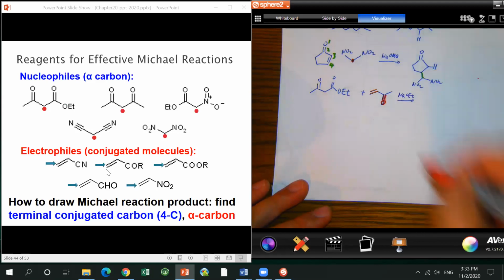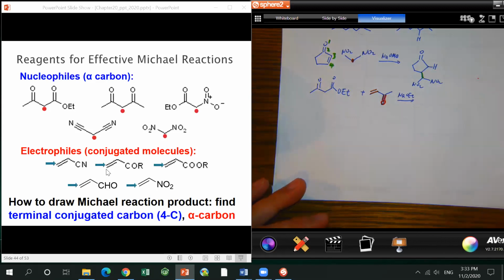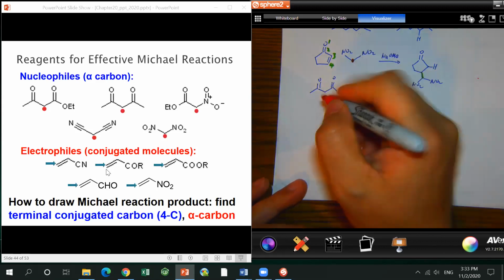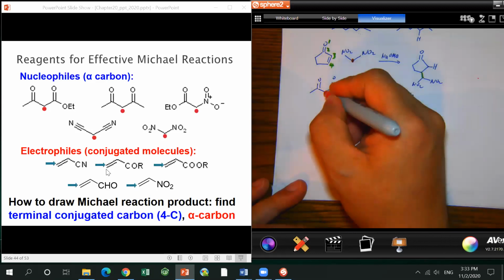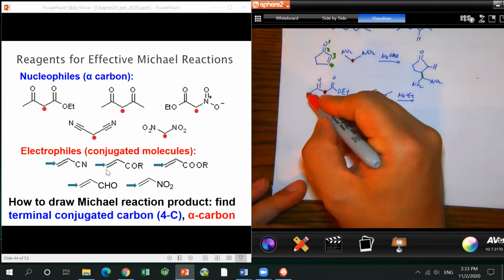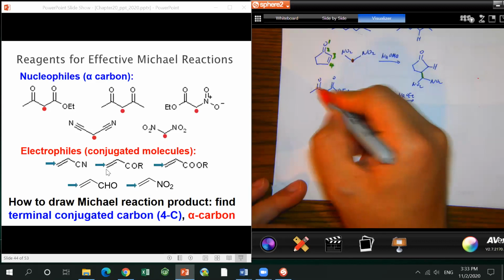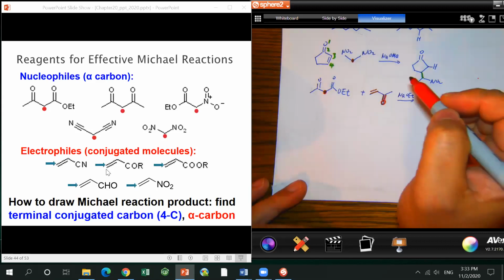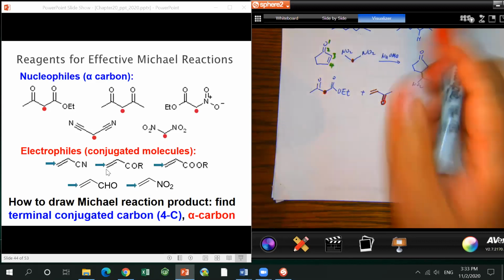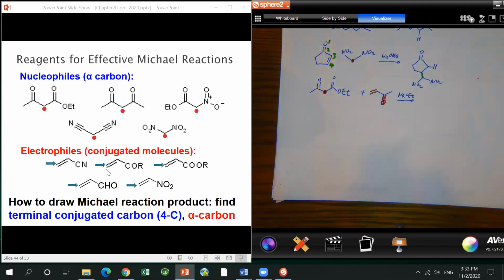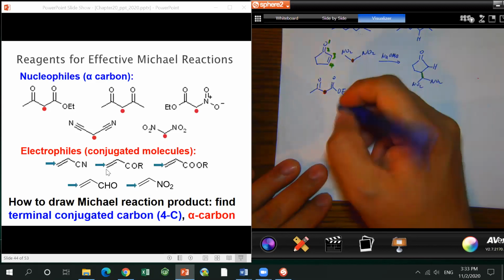That's easy to recognize. Once you figure it out, that's the alpha Michael addition. So immediately find the other alpha carbon in the other molecule. So that should be this one. No, this one, because this one is more acidic, it has two carbonyl groups. So the folding here is pretty easy. You can draw the ugly one here.